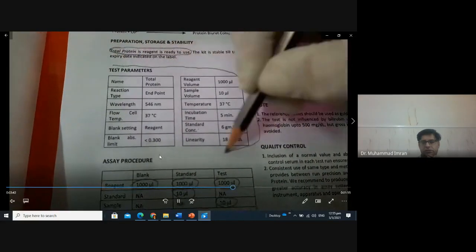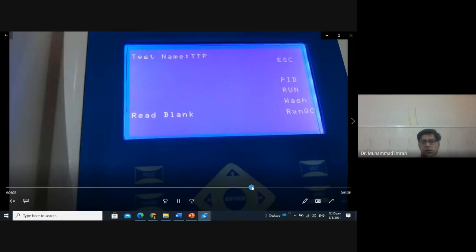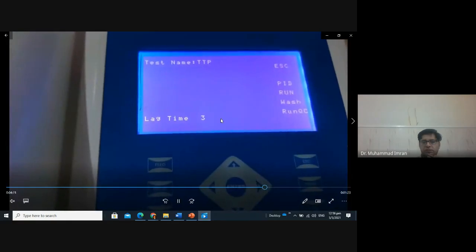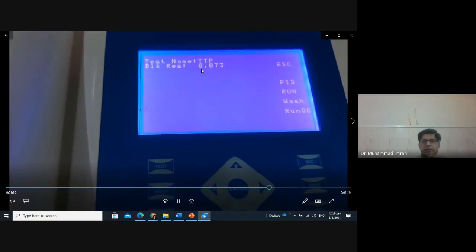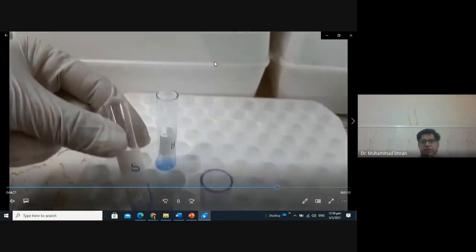Here you have the procedure. The incubation time is completed. You have taken the reading of the blank. You suck the blank into the serum chemistry analyzer, and this is the factor reading for the blank.